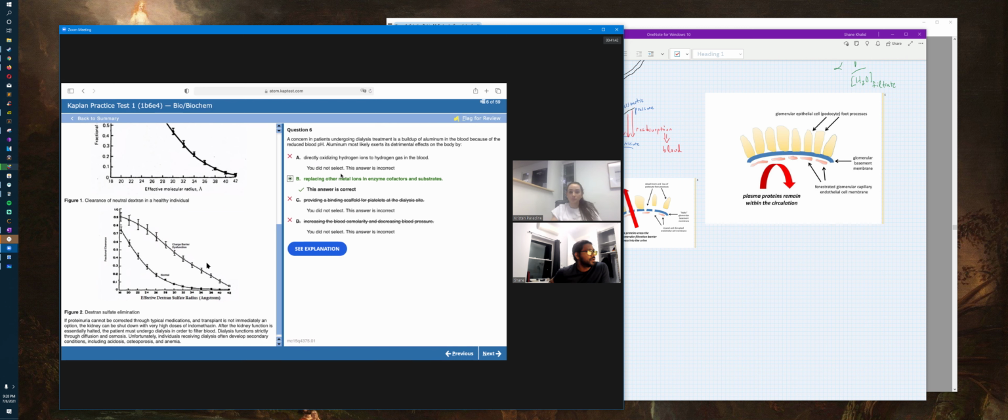Okay, so let's see that. It's true that that can happen, but why would it happen? Doesn't it just stabilize the charges? Well, yeah, as a cofactor.